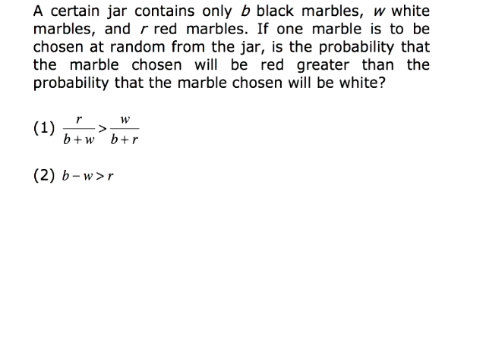All right, so we have just black and white and red marbles in the jar. We should probably write this question in math notation, right? What is the probability of picking a red marble?